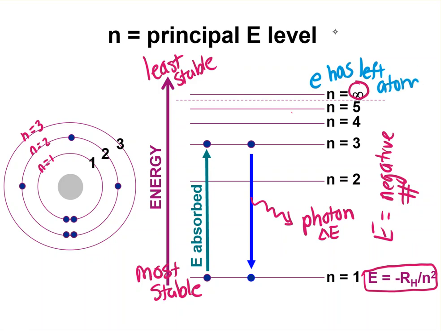Okay, and what would the energy be there? Energy at n equals infinity would be negative RH over infinity squared, and so that number would approach 0.